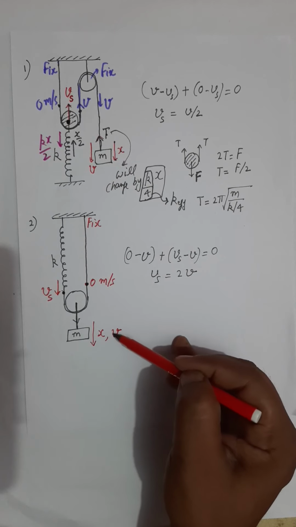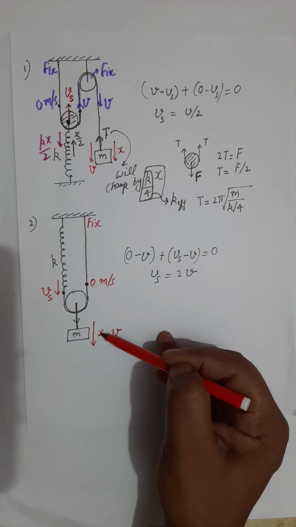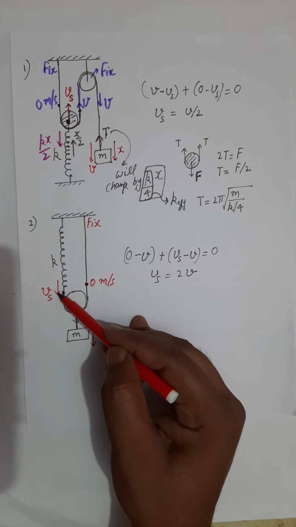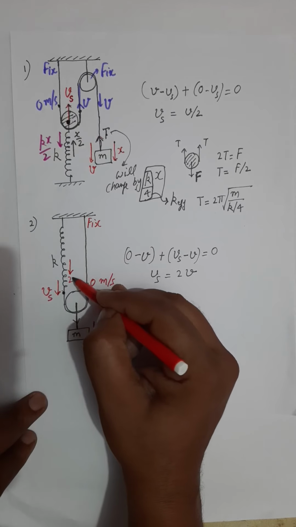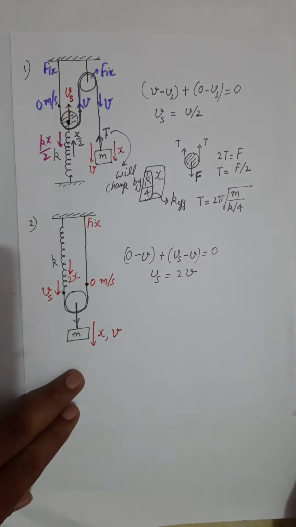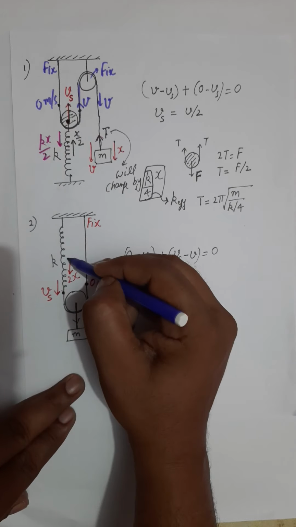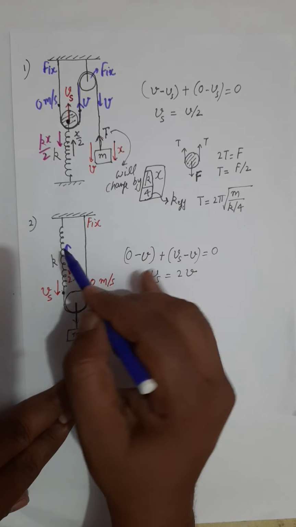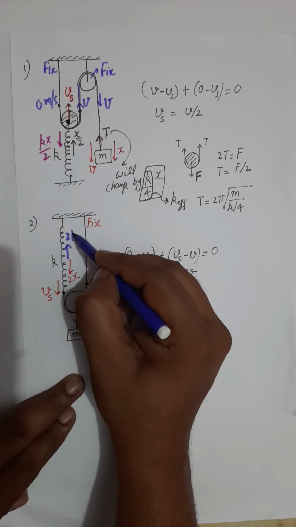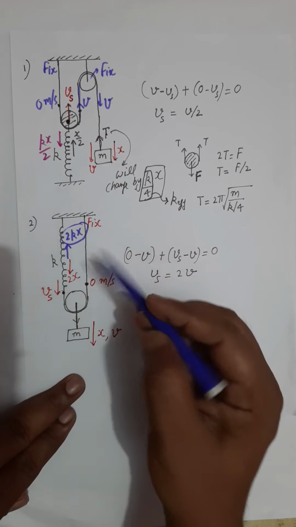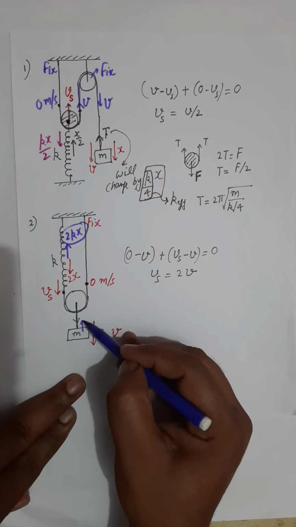So if the block which is moving with v speed travels by small x, then the spring which is moving with double speed will obviously travel by 2x. And if this spring goes down by 2x, a force will appear in this spring, which is k into 2x, that is 2kx, and a force 2kx in this part will have effect here as well.